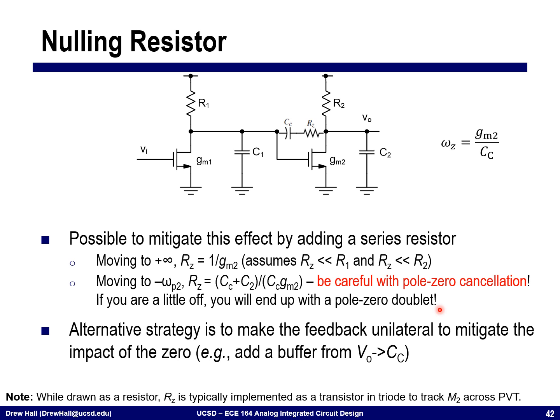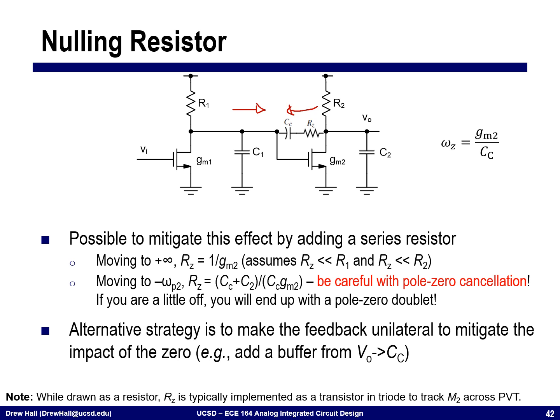There are other ways of mitigating this to a degree. I'm showing only a couple here. One is that you could make this feedback path unilateral. The problem with the zero is that we need CC to be here for this path, but we actually don't want it to be there for the feed forward path. Right now, capacitors and passives in general are bilateral. They allow signals to go in either direction.